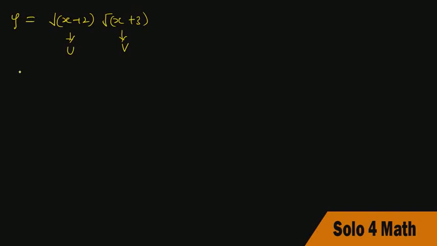So meaning your du/dx will be equal to, remember we've let our u to be equal to a square root of (x plus 2), which is the same as (x plus 2) to power a half.